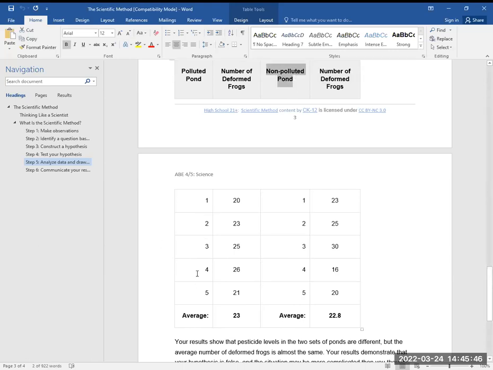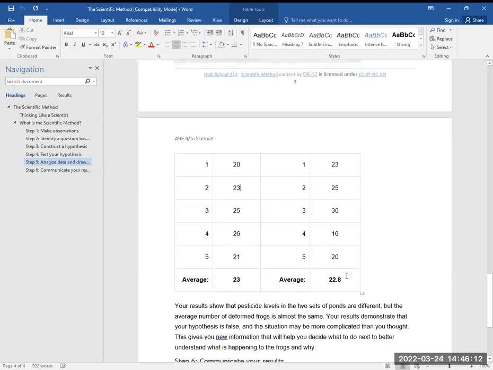So they tested 5 ponds and they counted how many deformed frogs are in each. So in the first one that is polluted, they had 20. In the first one that is not polluted, they had 23. In the second one that is polluted, they had 23, and the second one that is not polluted has 25.